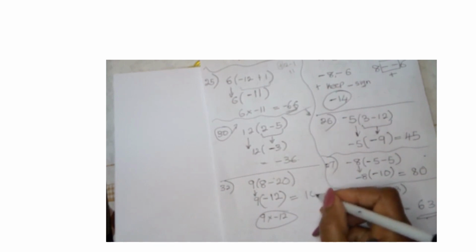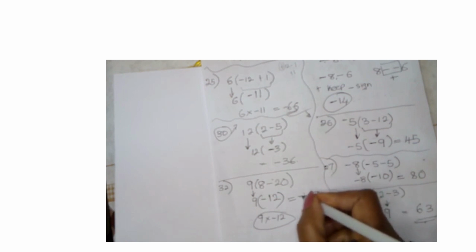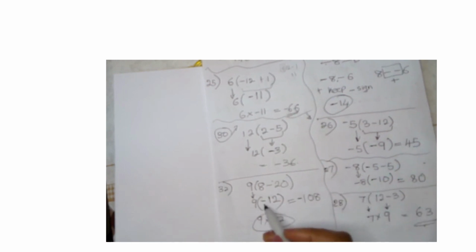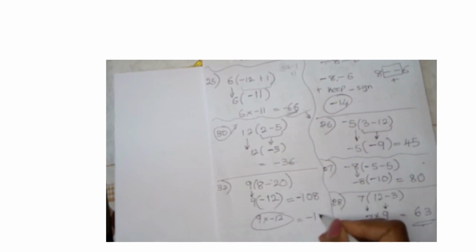What is missing here? Exactly, we put the negative sign. Don't forget the negative sign, because the number here has a negative sign. Negative 108. Right. That's it.